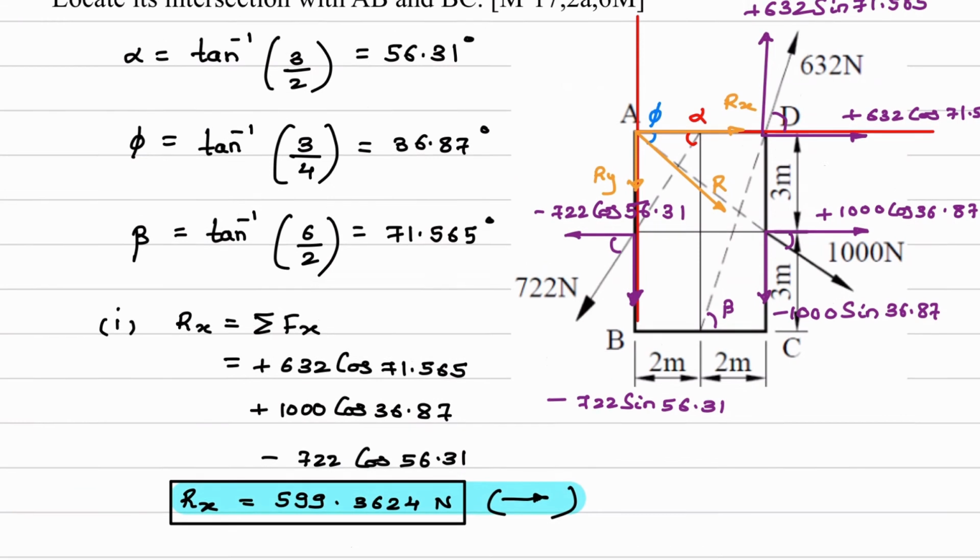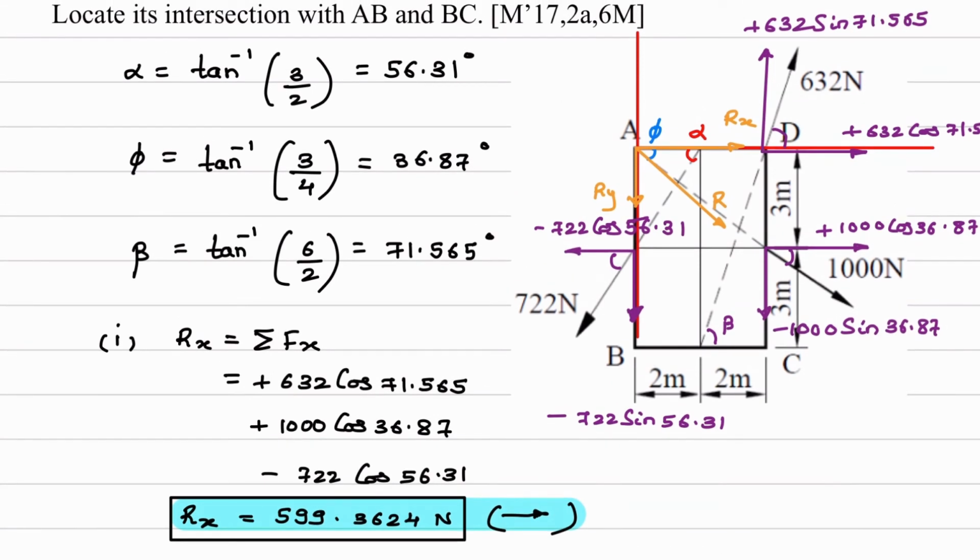Okay. Now next, if we consider 632 Newton force, x component line of action is again through point A. So x component no need to consider. We have to consider y component. So we'll write it down. Now keep your thumb at point A. Keep your index finger over here. Rotate your index finger in the direction of arrow. It is anti-clockwise. So it will be plus this magnitude you have to write.